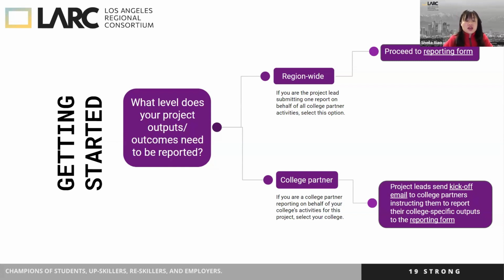And so if it's regional, then the project lead simply just needs to report on behalf of the region. If it's college level, it's a little bit more complicated, but basically the project leads need to notify their college partners to submit reports on behalf of their college that relate back to the regional projects. This is why maintaining the college partner contacts list is crucial. Next slide.